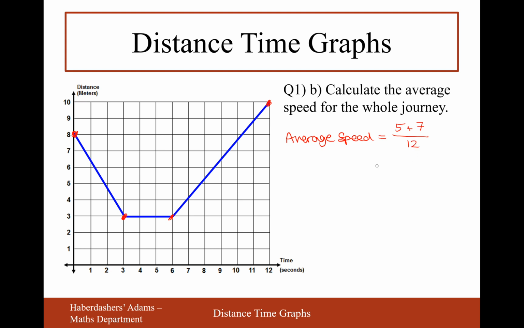So that's 12 divided by 12, so the average speed for this journey was 1 meter every second. So we do include the time that we are stationary for when we calculate an average speed.